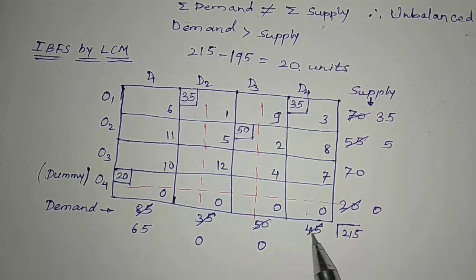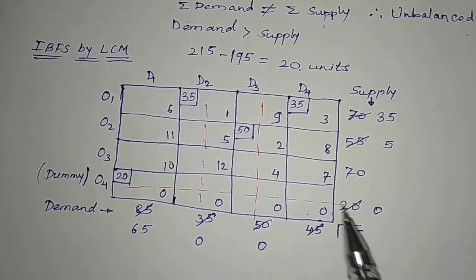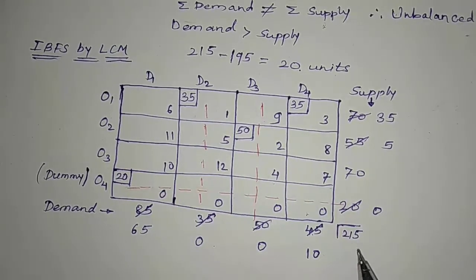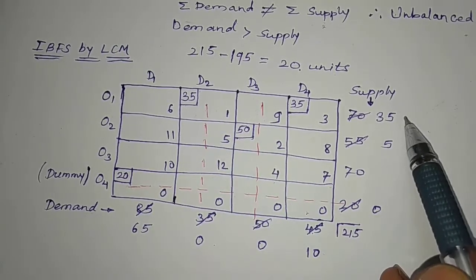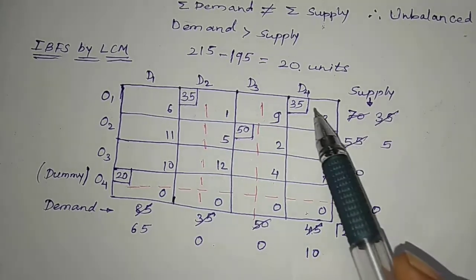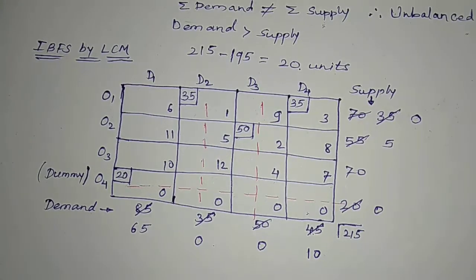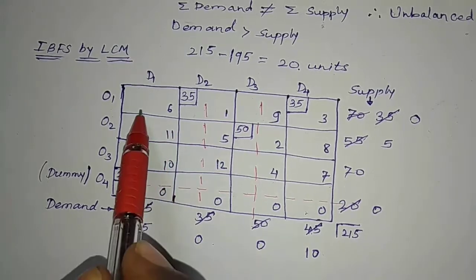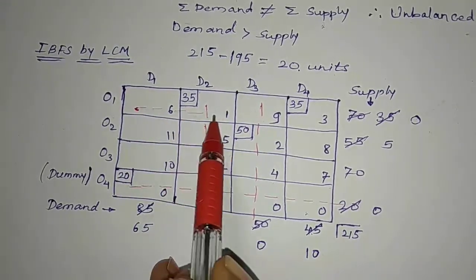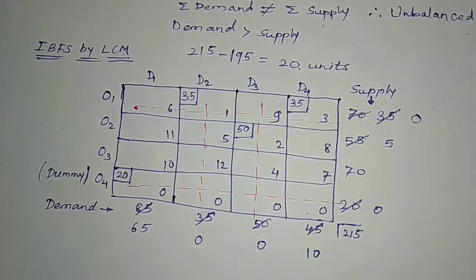So remaining requirement or demand is here 45 minus 35, that is 10 units, and supply further here is not possible because 35 minus 35 it has become 0. So here supplying capacity gets exhausted.